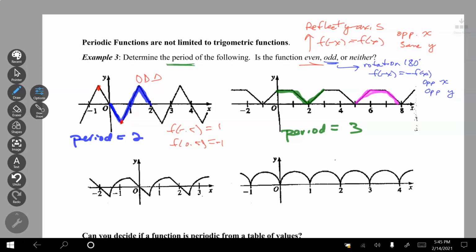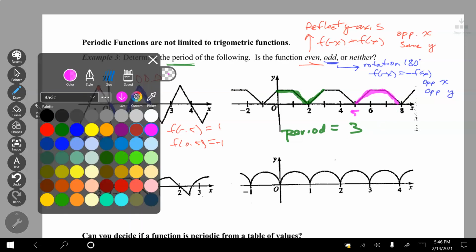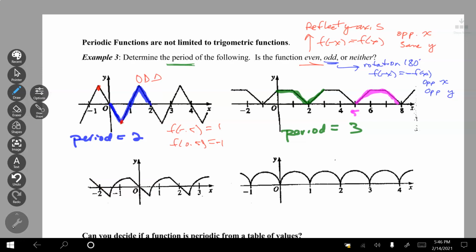That's another way to do it, just this little trapezoid, and you go from 5 to 8, and that's still a period of 3. If I take 2 points on this, let's say I take this point here at 1 and this point here at -1, so I have f of 1 is equal to 1 and f of -1 is equal to 0. That's not doing opposite or the same, so that is neither.